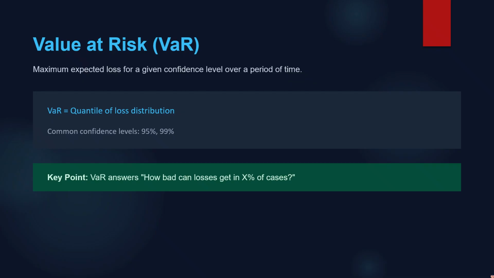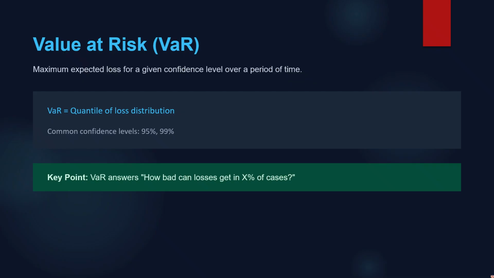VAR is typically calculated for specific holding periods, 1 day for trading books, longer periods for investment portfolios. A one-day 99% VAR of $10 million means on 99% of days our losses will not exceed 10 million. But on 1% of days, roughly 2 or 3 days per year, losses could exceed this amount.